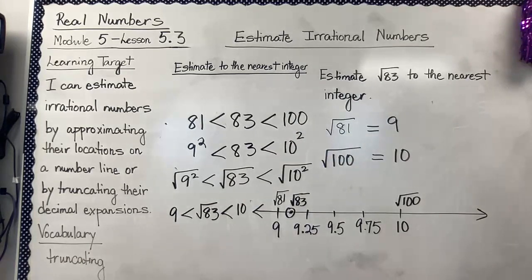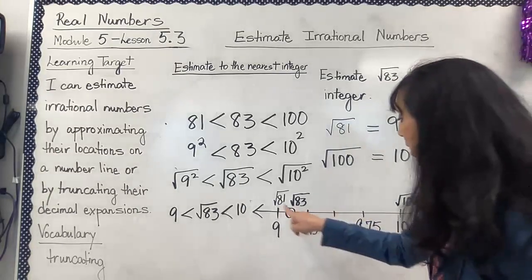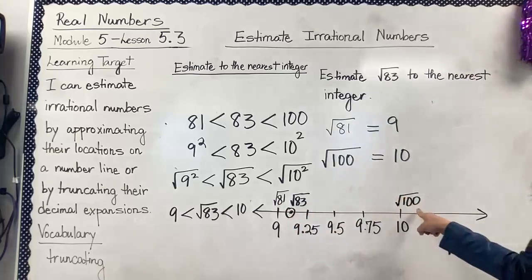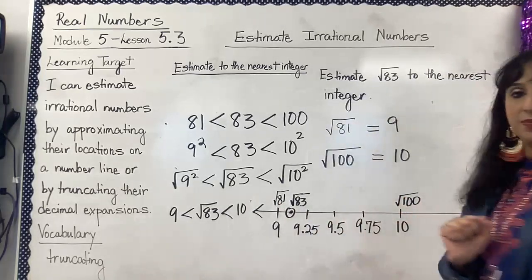Now, since square root of 83 is between 9 and 10 and is closer to square root of 81, look how close this is compared with this distance.